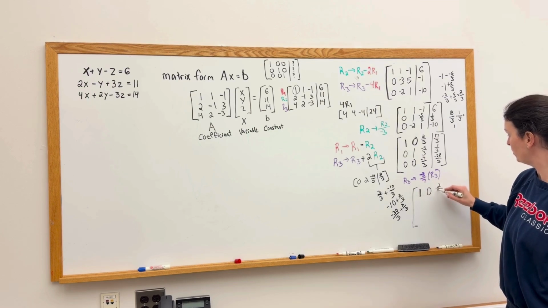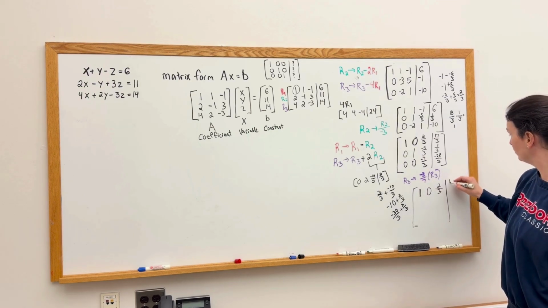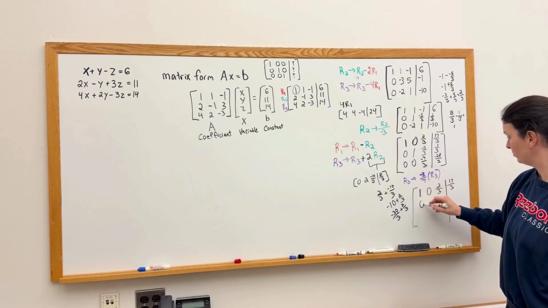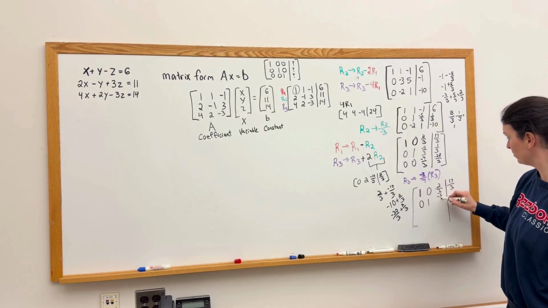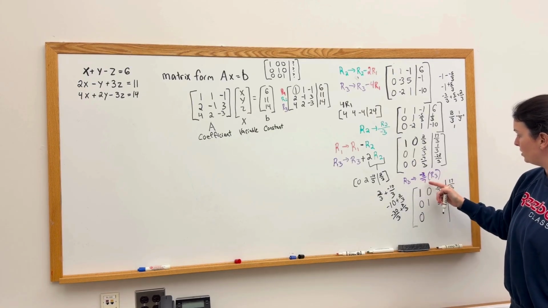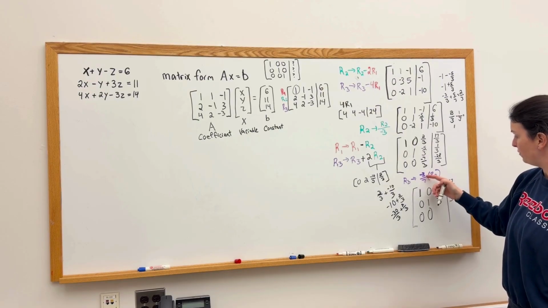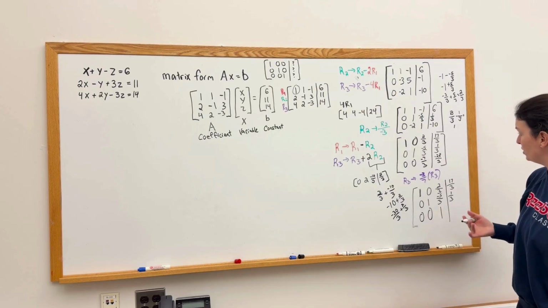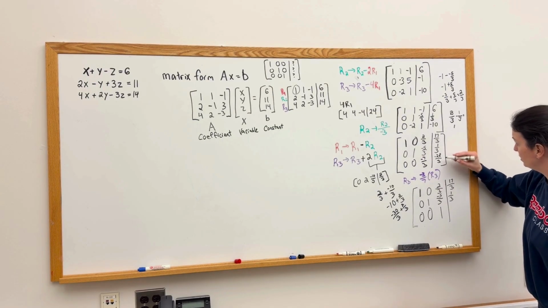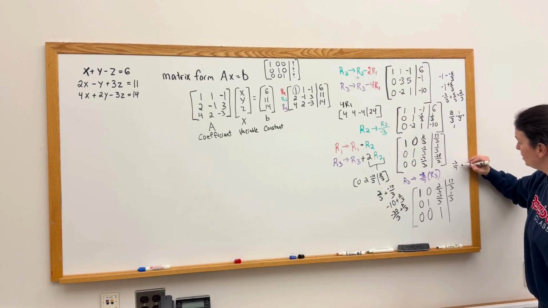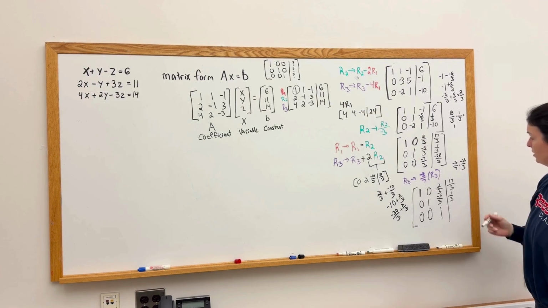1, 0, 2/3. Zero times this is 0. Again, negative 3 over 7 times negative 7 over 3, they cancel each other, equal to 1. And then negative 3 over 7 times negative 28 over 3.